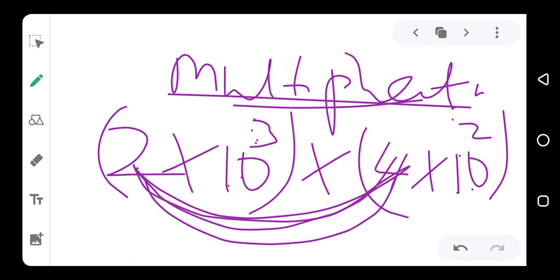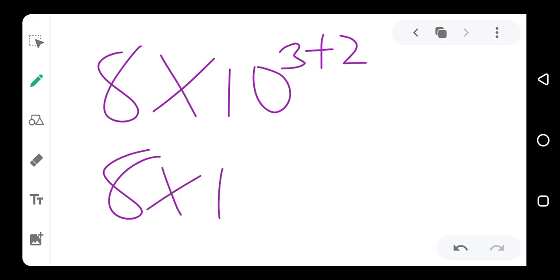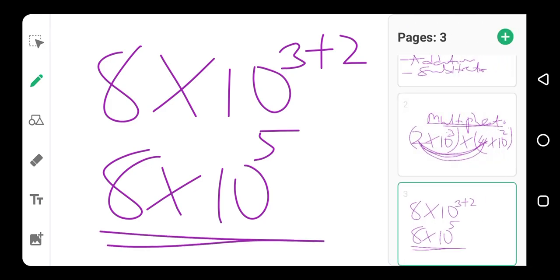Then we add the powers. You see, the powers are 3 here and 2 here. So we say 3 plus 2. So that is going to give us 8 times 10 raised to power 5. This is the answer.